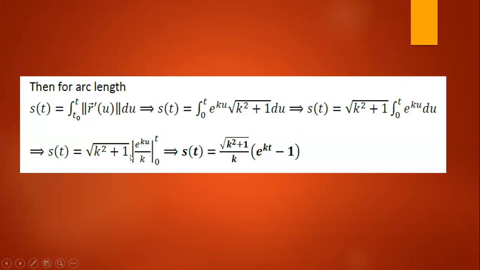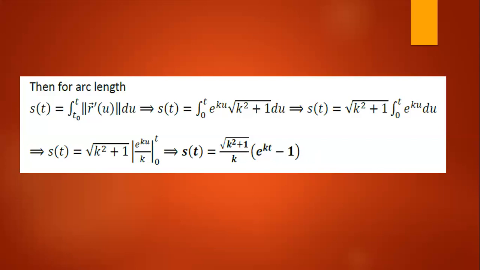Taking the integral and applying the limit, we have the answer square root of k square plus 1 over k times e power kt minus 1. So this is the arc length of this position vector r of u.